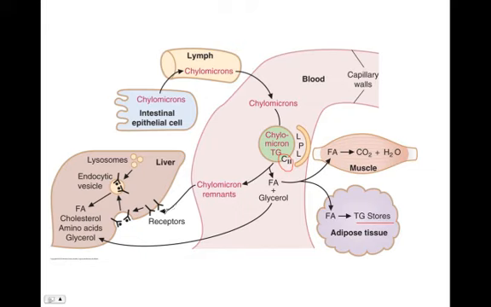This will be taken up by the liver via an interaction with the ApoE receptor. Once taken up by the liver, the endocytosed vesicle will be digested in the lysosomes, and you'll get a release of any remaining products such as free fatty acids, cholesterol, the proteins, and glycerol from the triglycerides. These can all be metabolized by the liver through different routes.